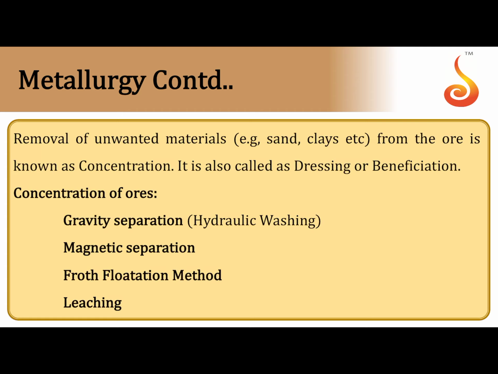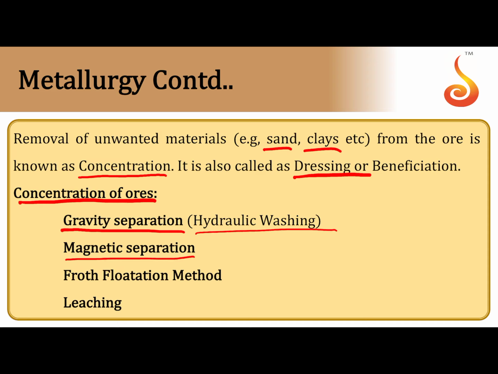Removal of unwanted materials like sand, clay, etc. from the ore is called concentration. It is also called dressing of the ore. There are specific methods based on the difference in certain physical properties of gangue and mineral. If both differ in specific gravity, we can use gravity separation or hydraulic washing.